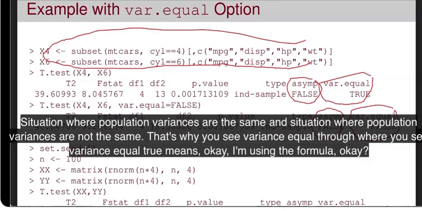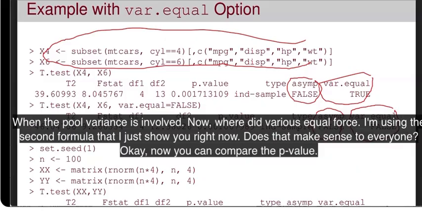That's why you see variance equal true. Variance equal true means I'm using the formula where the pooled variance is involved. Where variance equal false, I'm using the second formula that I just showed you. Does that make sense to everyone?